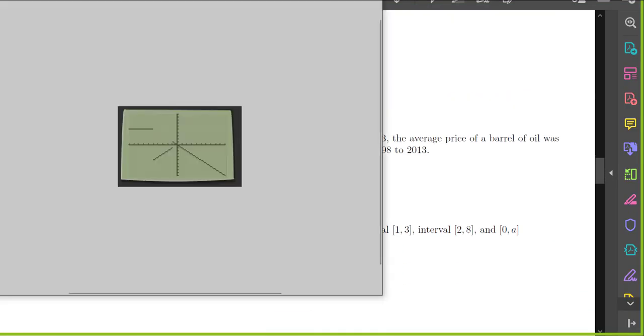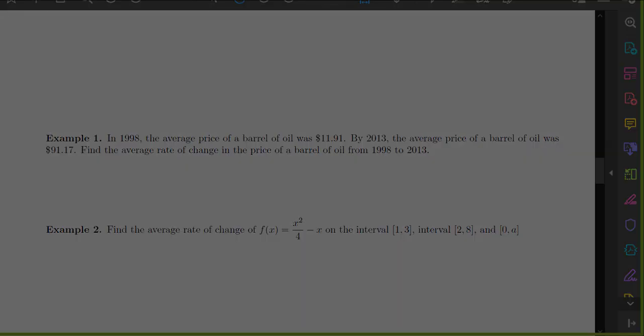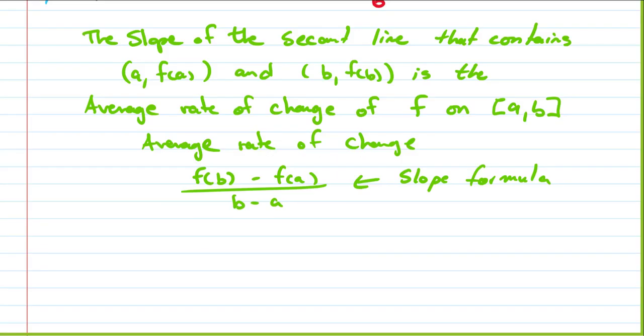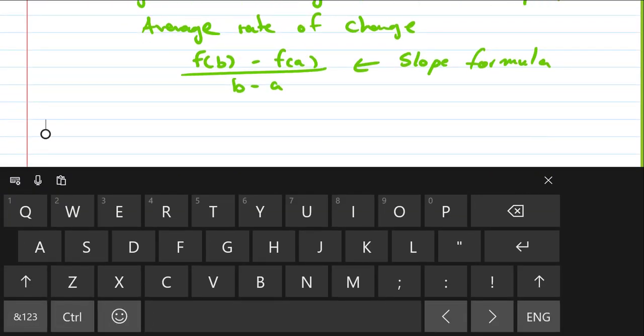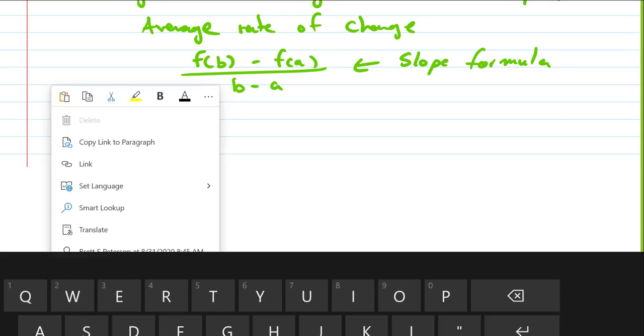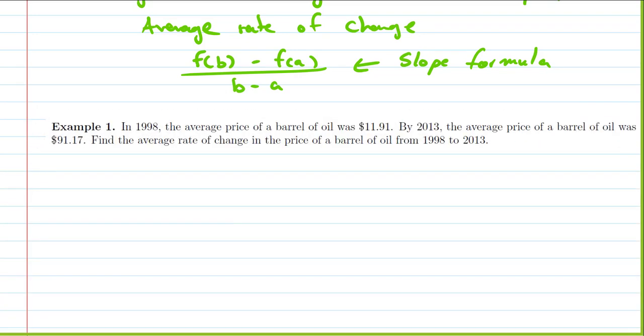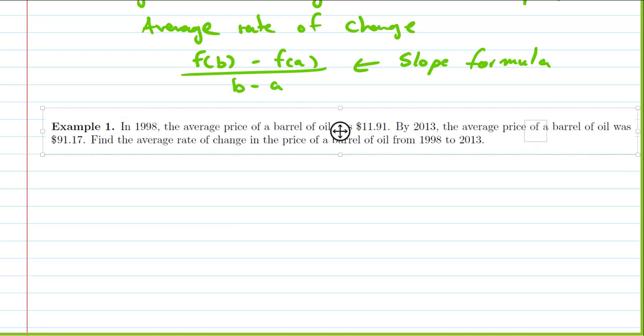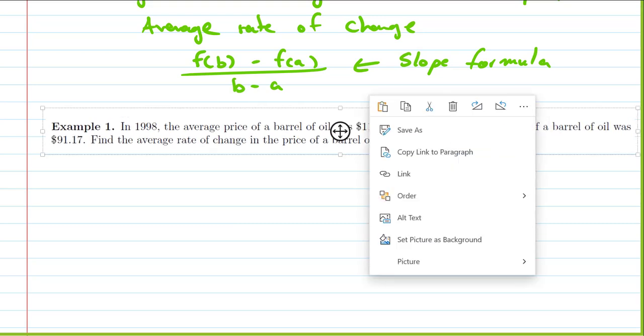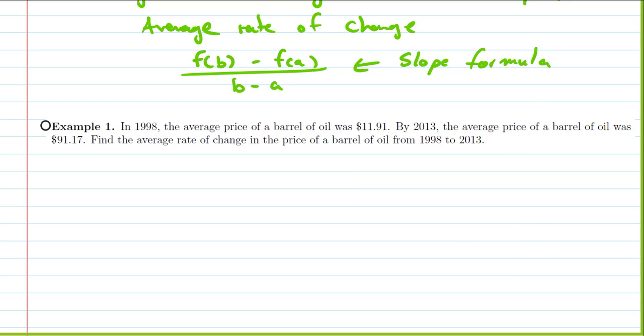All right, so let's go ahead and take a look at example number 1. Example 1 says, in 1998, the average price of a barrel of oil was $11.91. By 2013, the average price of a barrel of oil was $91.17.